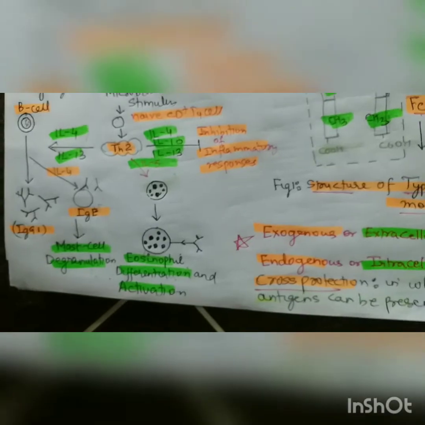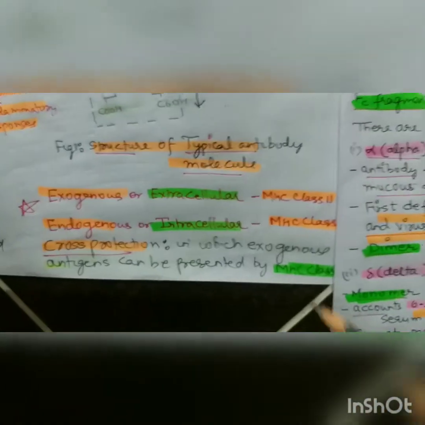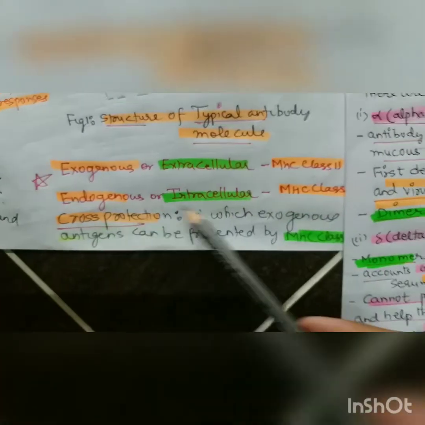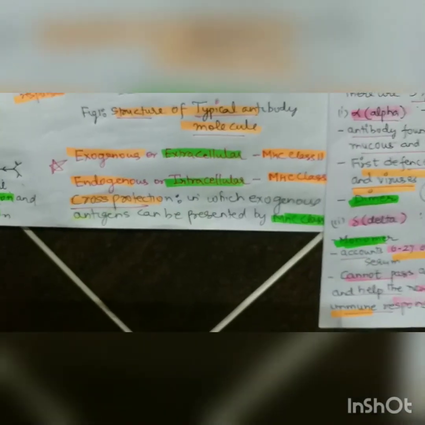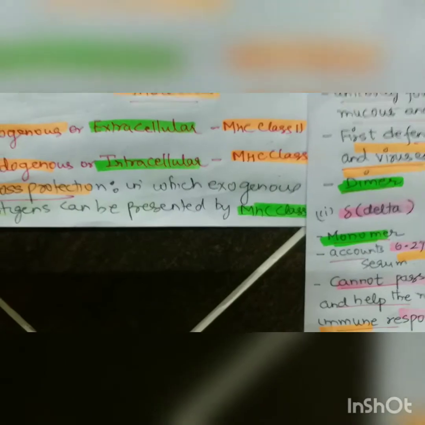This question will come, and IL-5 will result in formation of eosinophils. So exogenous or extracellular, it is MHC class 2. Endogenous and intracellular, it is MHC class 1. Cross protection is where the exogenous antigens can be presented by MHC class 1. Okay? And this way finishes the immune system, and any problem you will face, you can revert back.